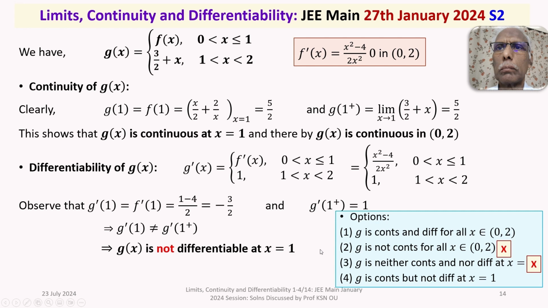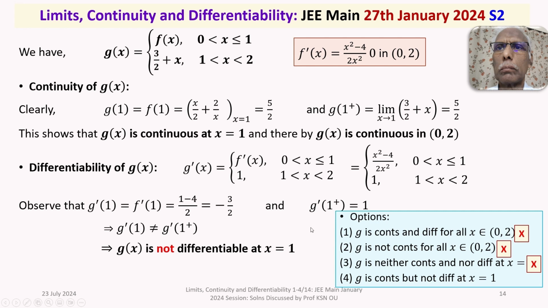So your option 1, g is continuous and differentiable in the whole of the interval 0 to 2, is not true, because it is not differentiable at x equal to 1, and x equal to 1 is a point in the open interval 0 to 2. So option 1 also has gone.